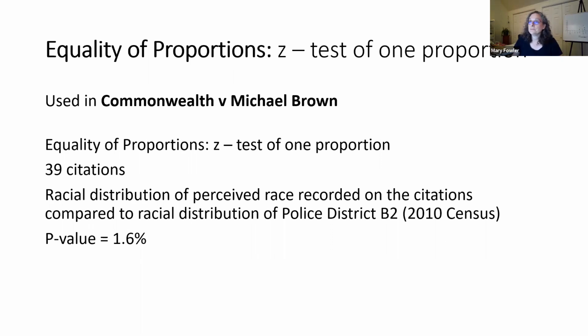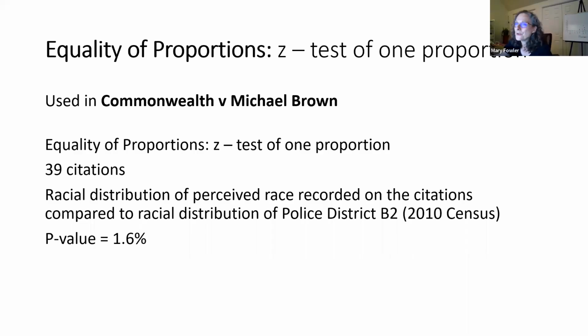So one way in which we can compare the distribution in the patrol area, the residential distribution, with the police actions is in Michael Brown. We use the equality of proportions, the Z test of one proportion, that was referred to in the first video in this series, the hypothesis testing of one proportion.